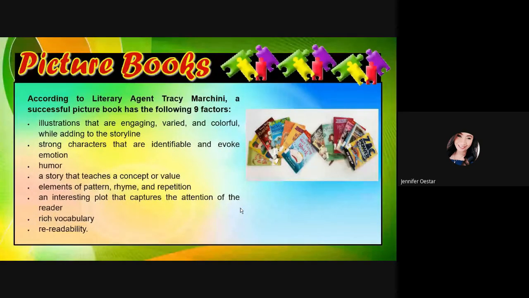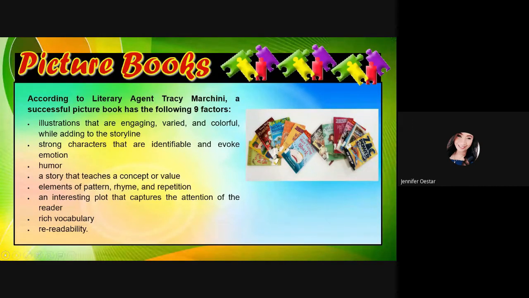According to literary agent Tracy Marchini, a successful picture book has the following 9 factors. So, what would be the indicators? Illustrations that are engaging. So the first one is illustrations.